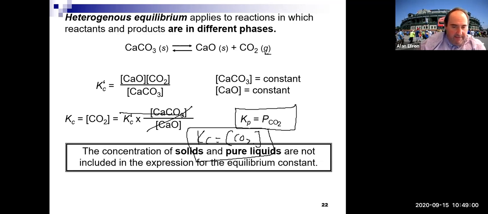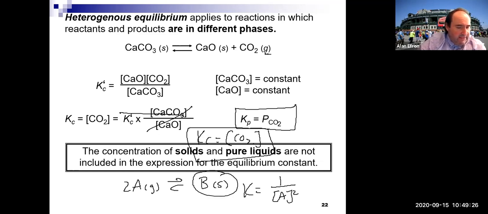So this is what happens if we have, say, a solid on the reactant side, but what happens if we had it the other way? Let's just say we had 2A goes to B solid. If we were to write the K, it would be 1 over A squared. So you would do the 1 over it for this part.